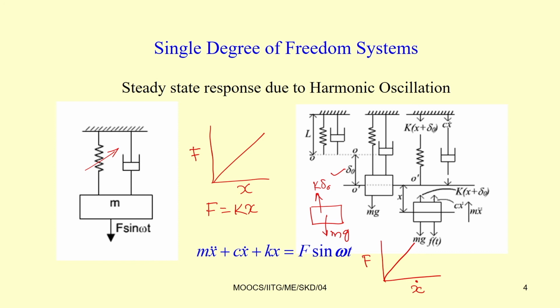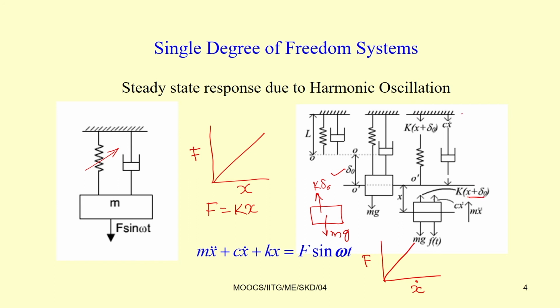Now from this position, if we slightly pull the system by an amount x, it has come to this position. At this position, the total displacement of the system equals x plus delta 0.